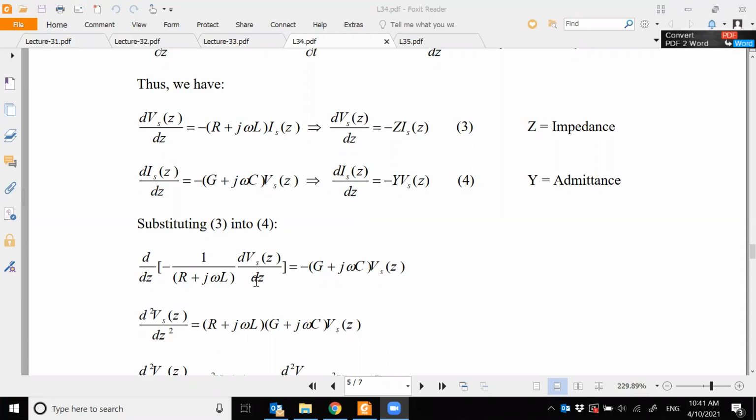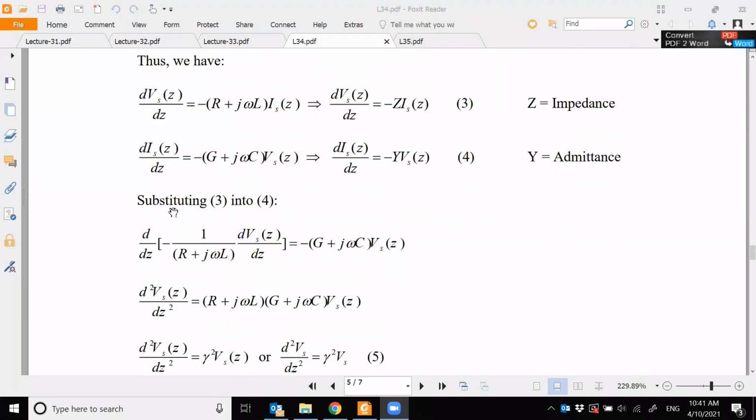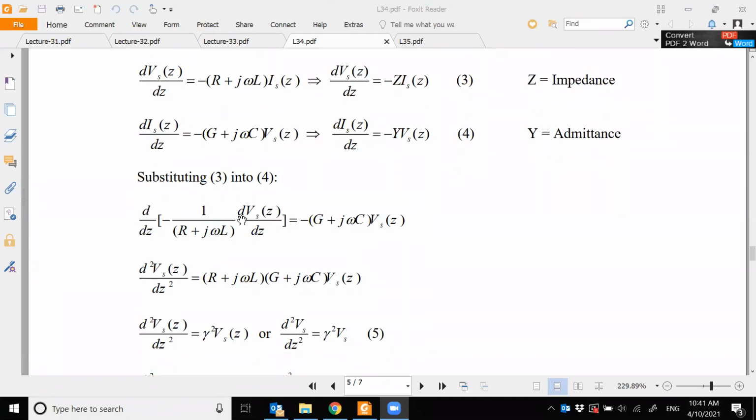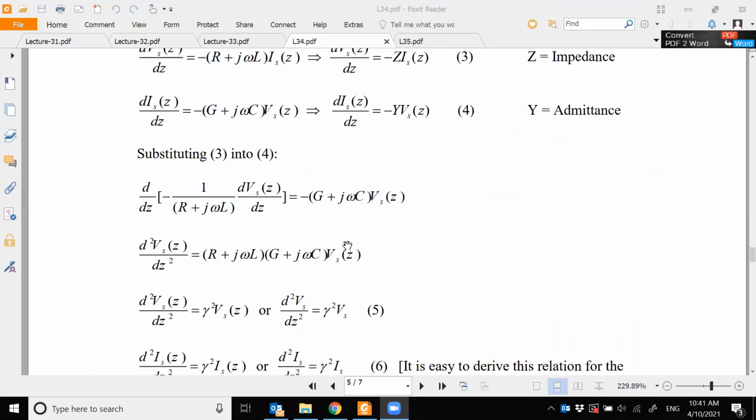In order to get the wave equation, I took Ampere's law and substituted it in the Gauss law. So here also we are doing the same. I'm substituting 3 in 4, so instead of Vs of z, I'm substituting this part, and then we will simplify further.